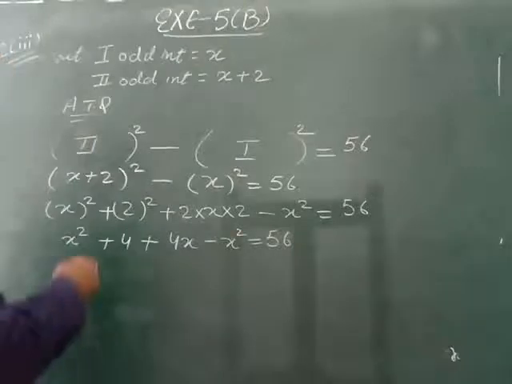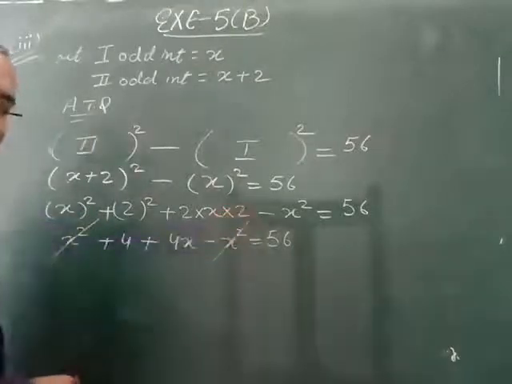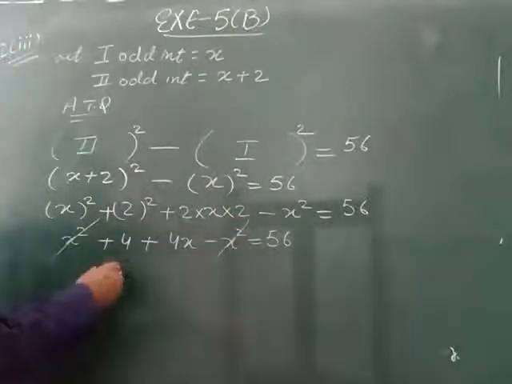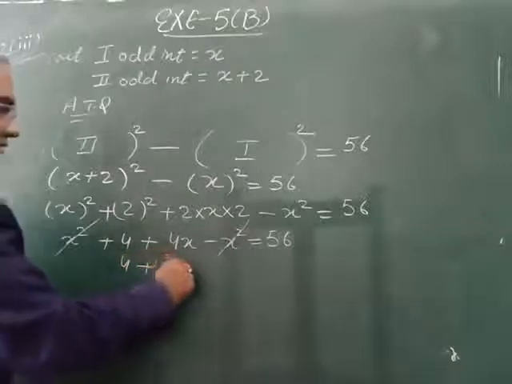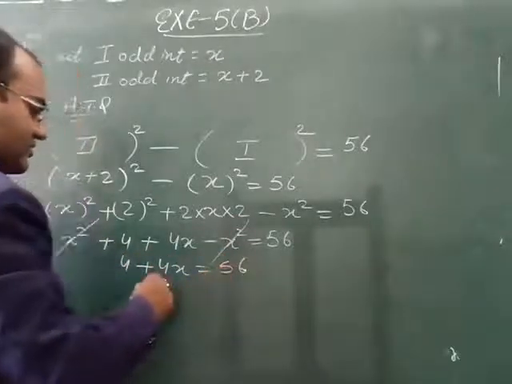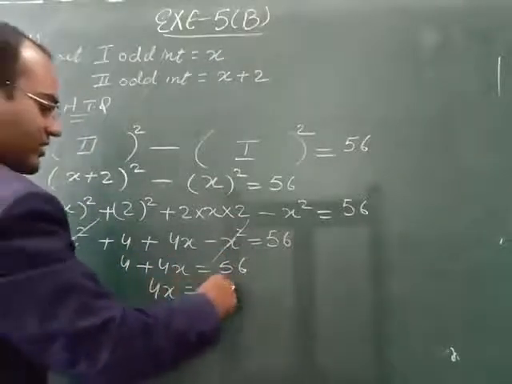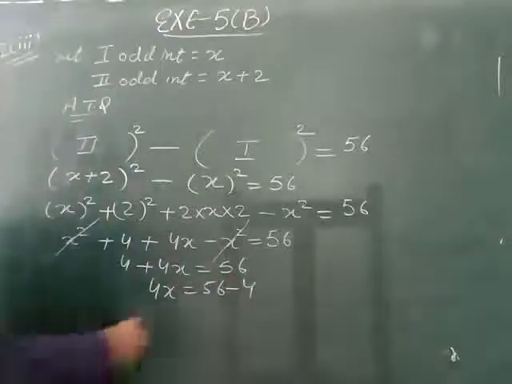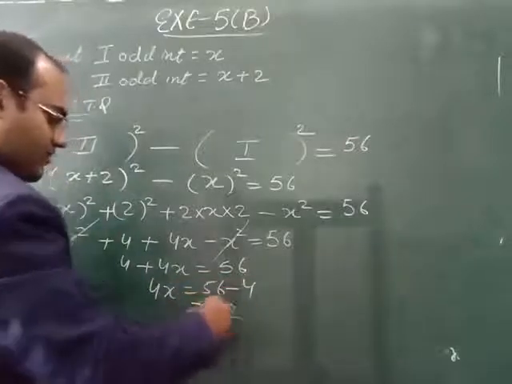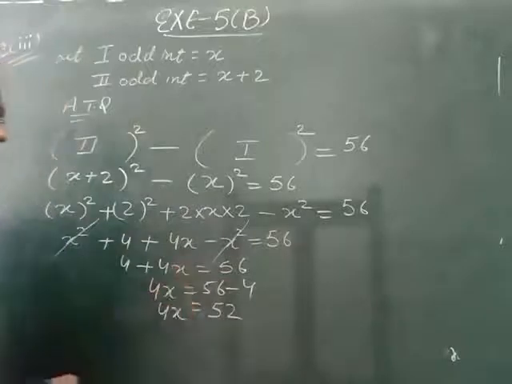Now plus x square and minus x square get cancelled. So what is the remaining term? 4 plus 4x is equal to 56. So 4x is equal to 56 minus 4. On subtracting, 4x is equal to 52.